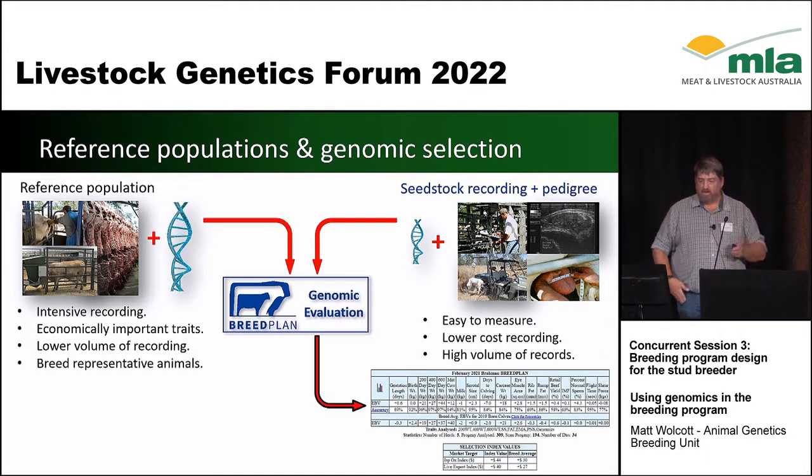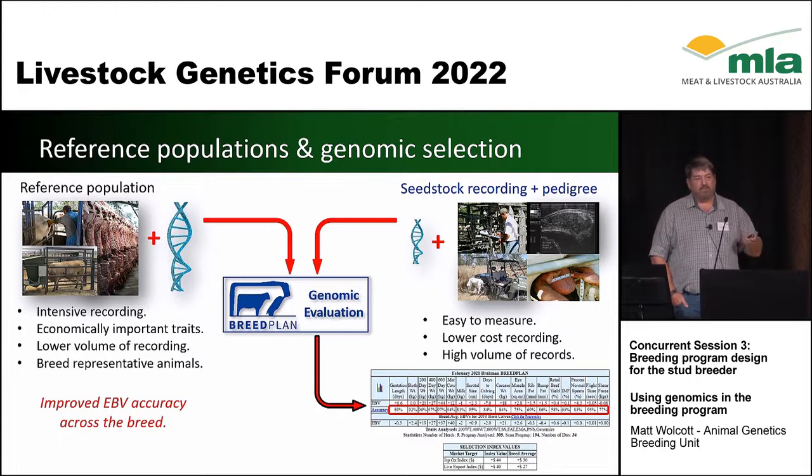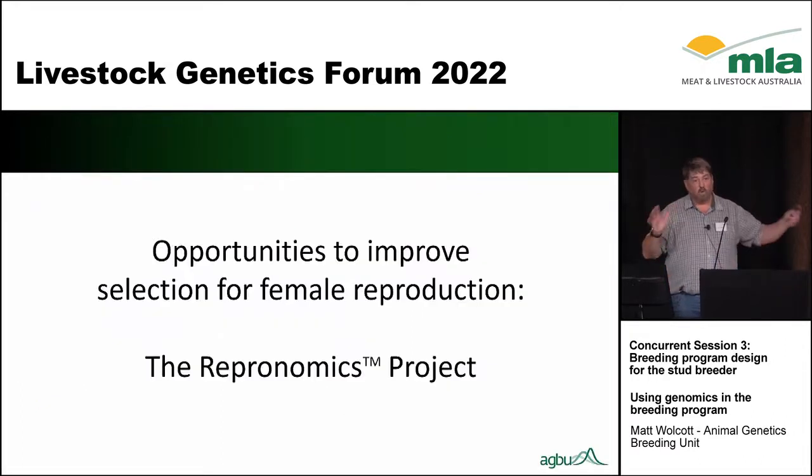We're getting lower volumes of those, but in association with very thorough genotyping in that section of the population, it goes into our genomic single-step evaluation. And despite all of this extra work, the final product still looks largely the same. It's still breeding values, but hopefully they're now coming with greater accuracy, which allows us to make more accurate selection decisions. And do that across the widest segment of the breed possible.